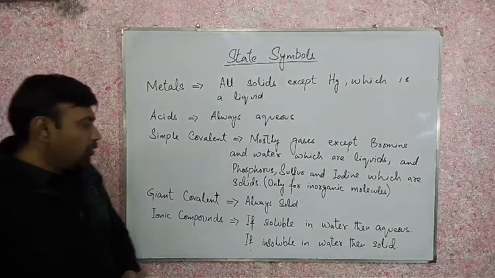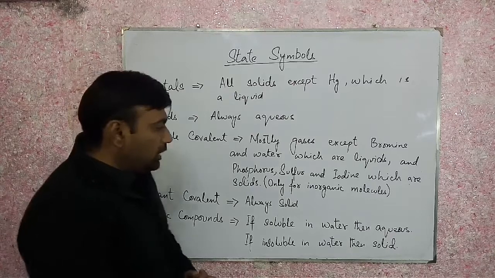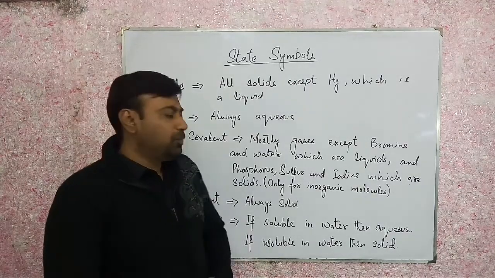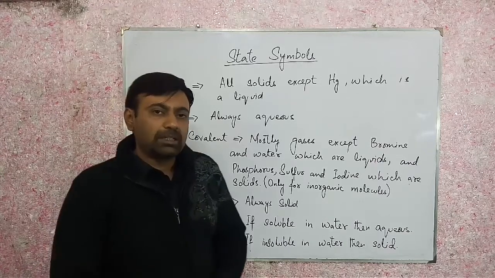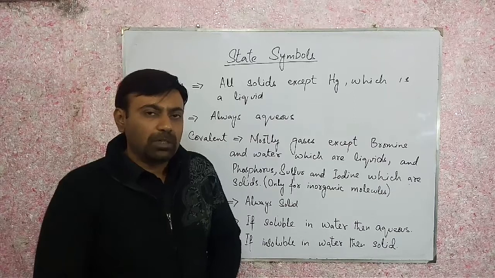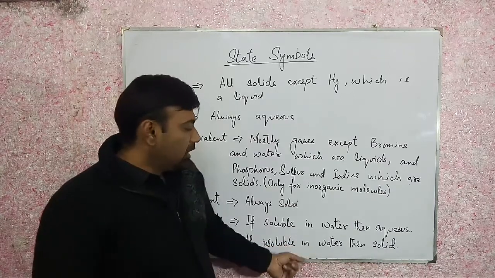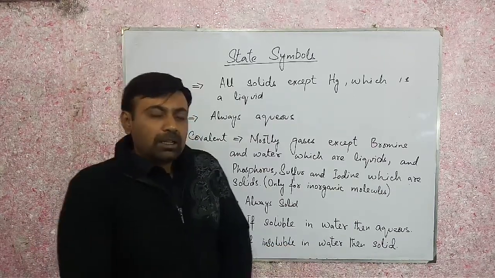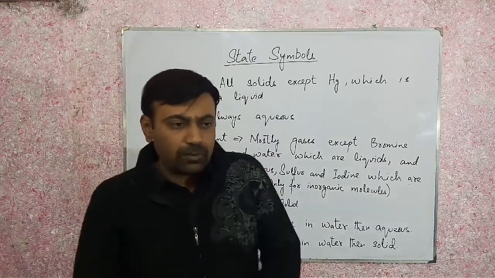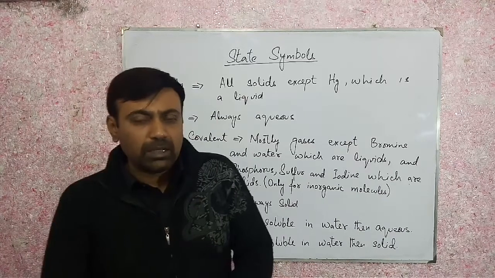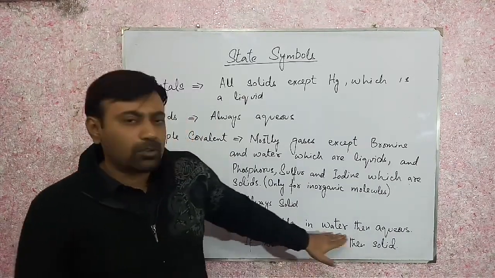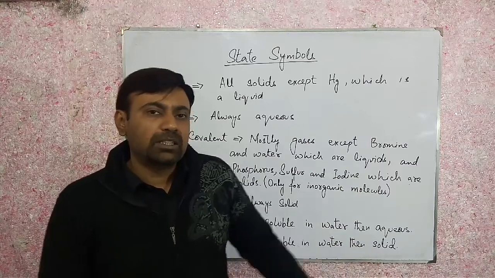For ionic compounds, we have to look into their solubilities. If the compound is soluble in water, we put the state symbol aqueous, and if the compound is insoluble in water, we will write solid. This is actually the standard state of all the ionic compounds is solid, but we use the aqueous form of ionic compounds in the reactions preferably.